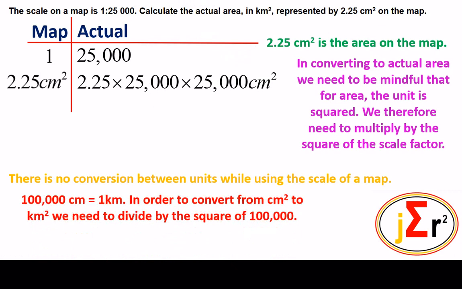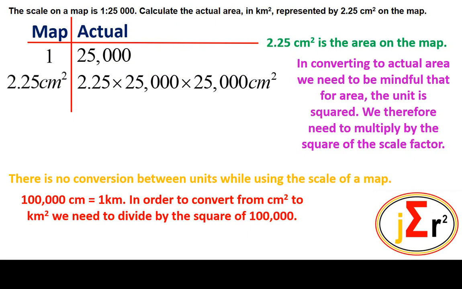100,000 centimeters is equal to 1 kilometer. In order to convert from centimeters squared to kilometers squared, we need to divide by the square of 100,000. Do not forget that if we are finding the area, say, of a rectangle, it is going to be length times width. We therefore need to convert the length, we therefore need to convert the width.